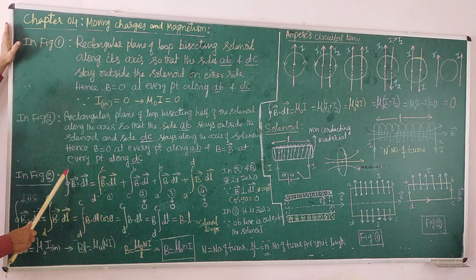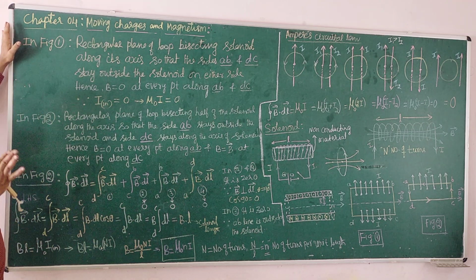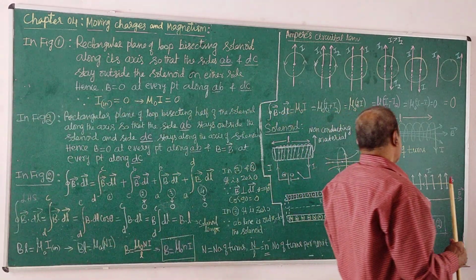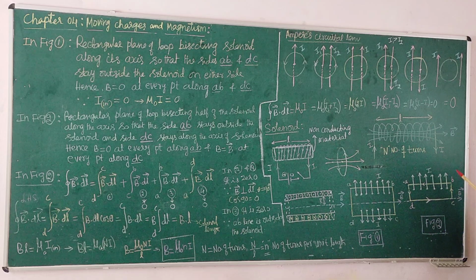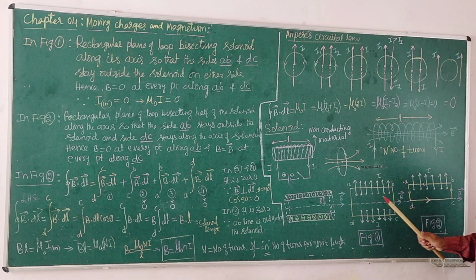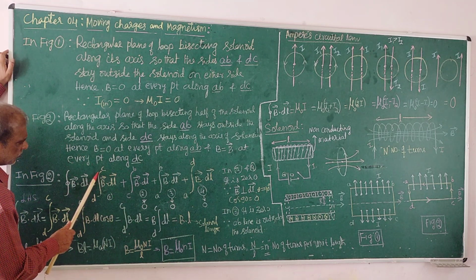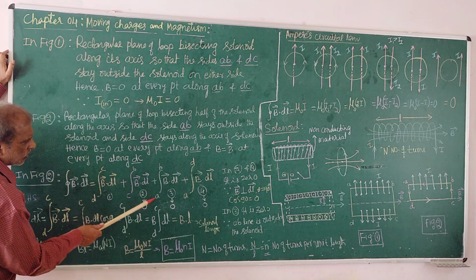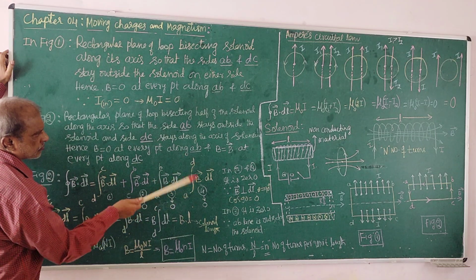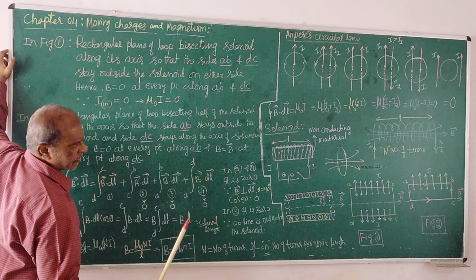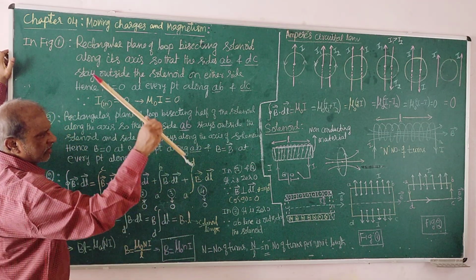So the loop contains 4 lines: the magnetic field over D to C, plus over C to B, plus over B to A, plus over A to D. We have written all the 4: D to C, C to B, B to A, A to D.